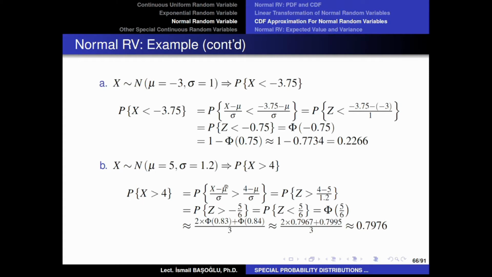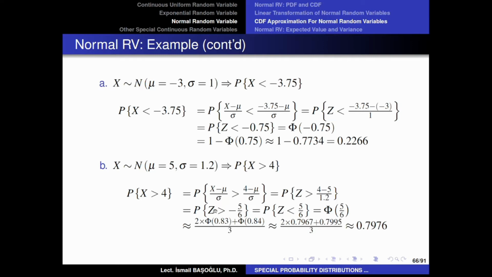By subtracting the location parameter from both sides and dividing both sides by the scale parameter. Minus mu divided by sigma to both sides. So the left-hand side will become a standard normal random variable, and the right-hand side will become 4 minus 5, which is the location parameter, divided by the scale parameter, which is going to be -5/6.